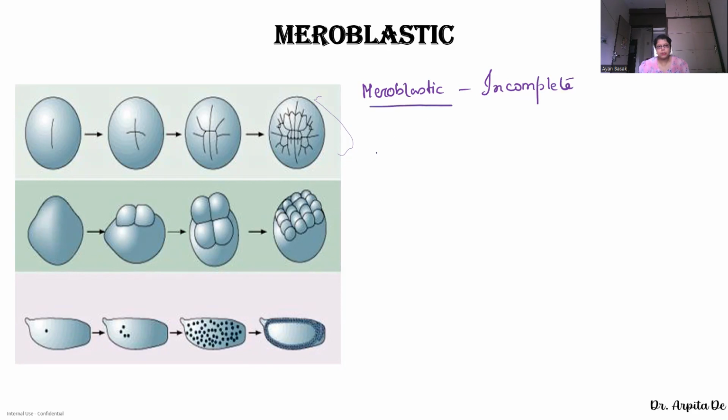Meroblastic or incomplete cleavage. Now, what happens here for the first one? Telolecithal eggs. In telolecithal eggs, what happens? The yolk is dense throughout the cell. It's not sparsely distributed or anything like that. It is very dense and it is throughout the cell.